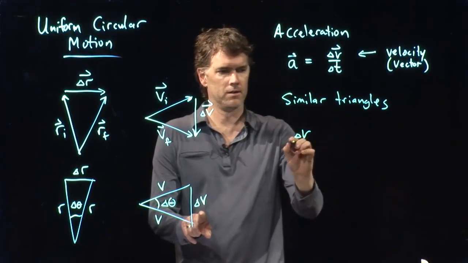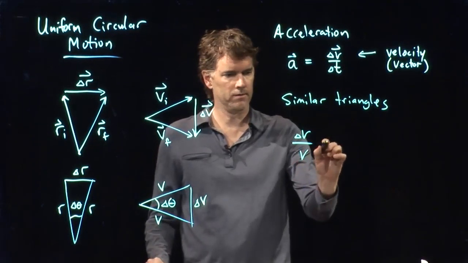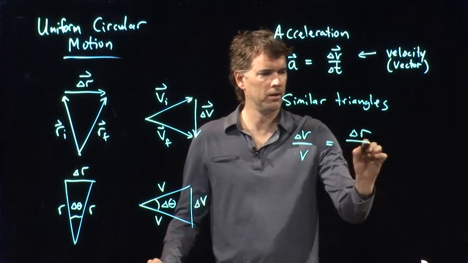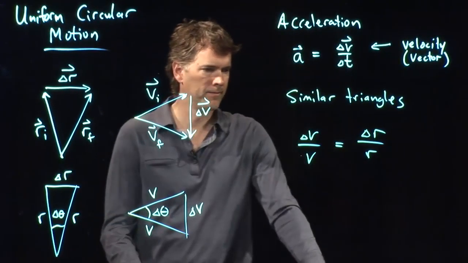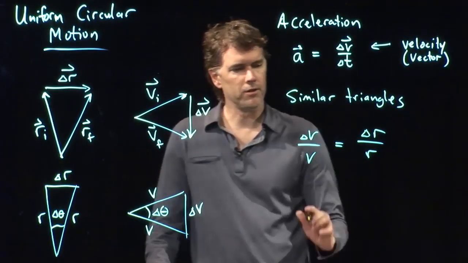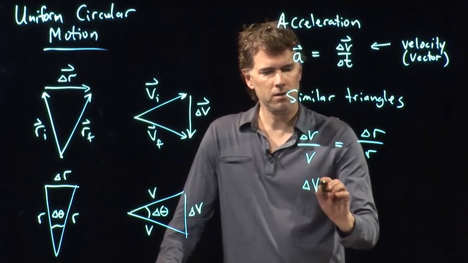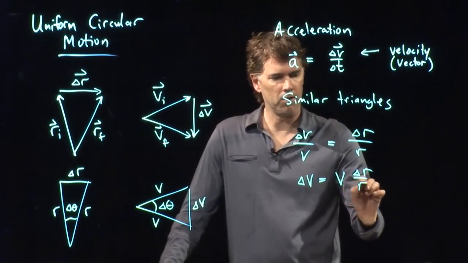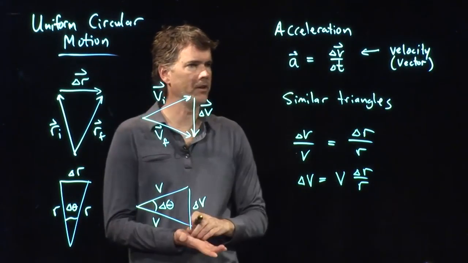Delta v over v is exactly the same as delta r over r. And now I can solve this for delta v. I get delta v is equal to v times delta r over r. I just multiplied across by v.